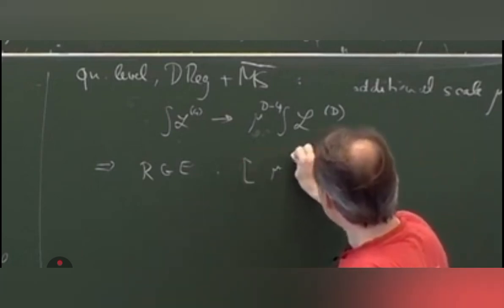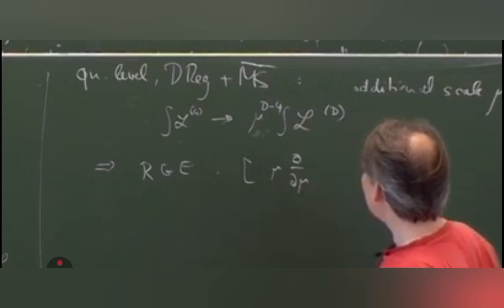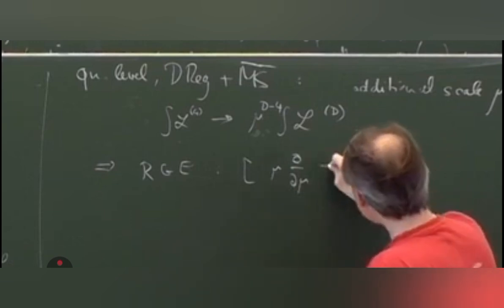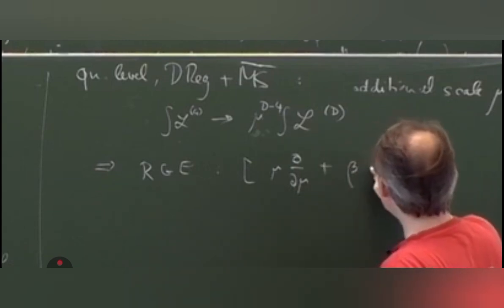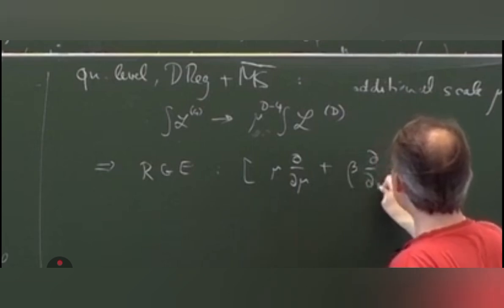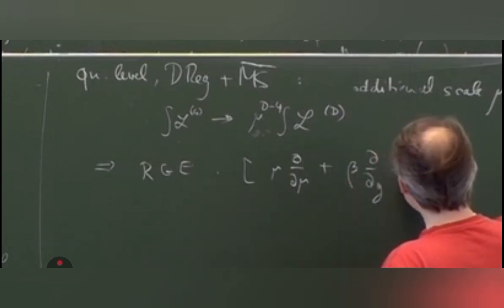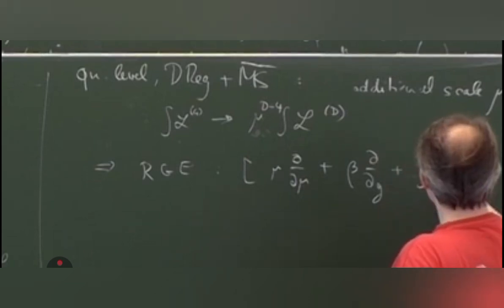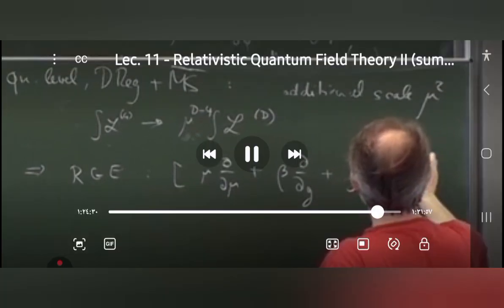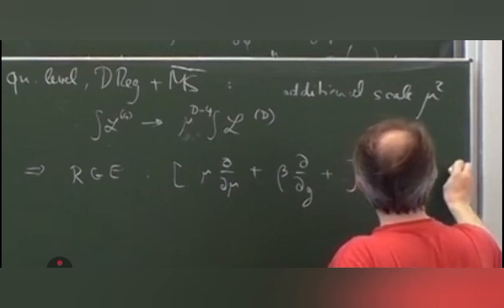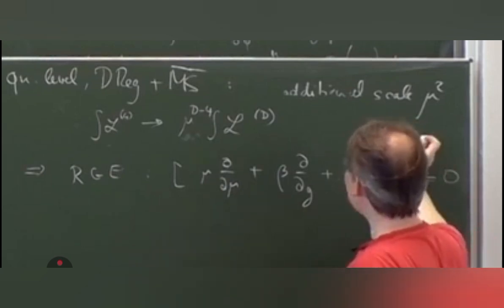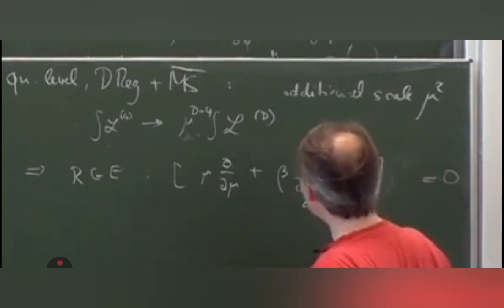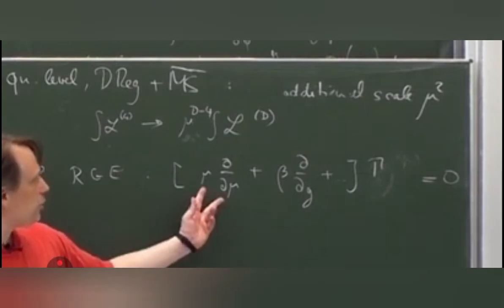Derivative mu times d by d mu plus certain other differential operators, beta function times d by dg plus a few other terms acting on this d-dimensional action is 0, and so therefore this is also true if you apply it onto the quantum effective action gamma. So we have an equation for gamma which relates the derivative with respect to mu with some other derivatives.